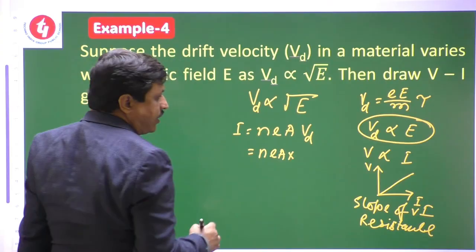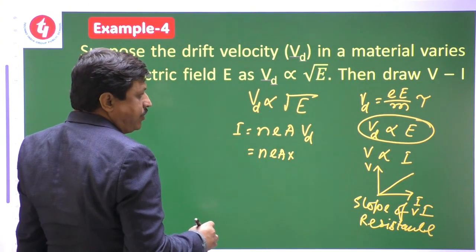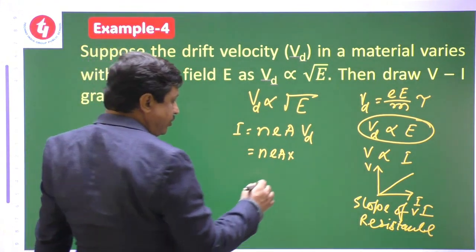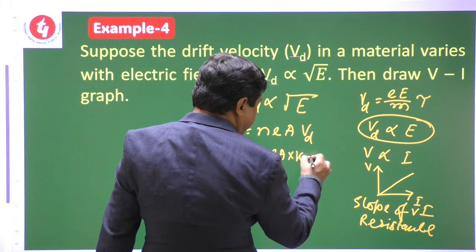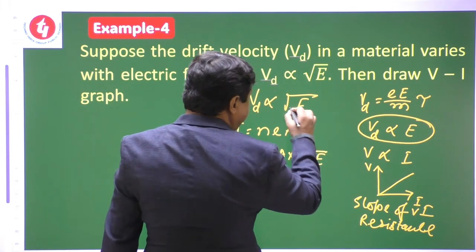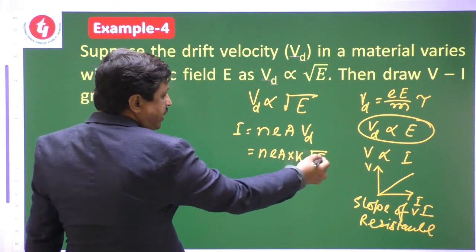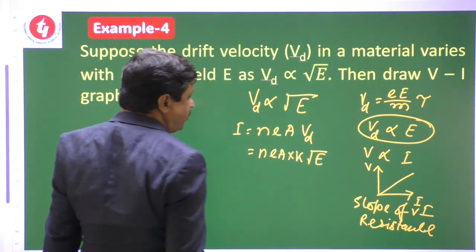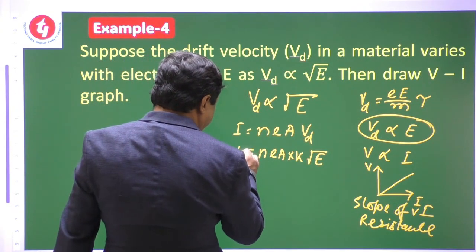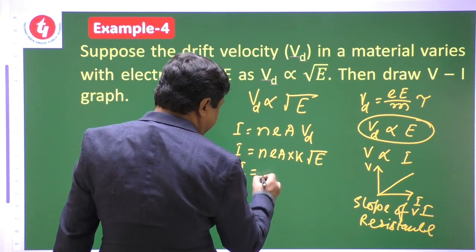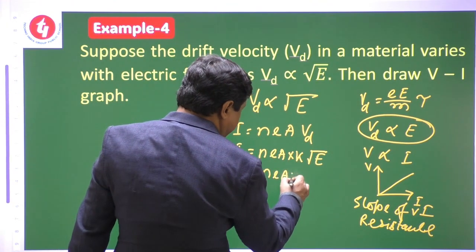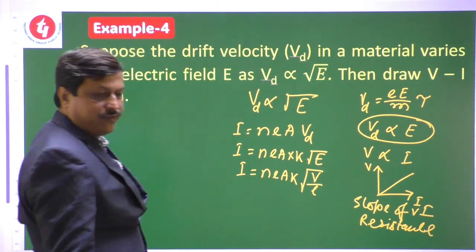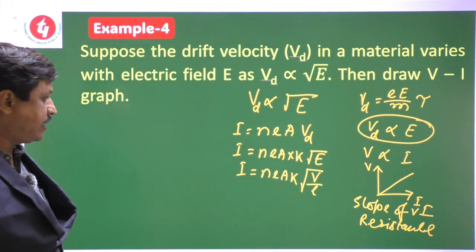If you put the value of Vd, which is k into root E, where k is a constant, then I equals NEA k into root E. So you can write I equals NEAk into root of V by L, because potential difference by length is equal to electric field.